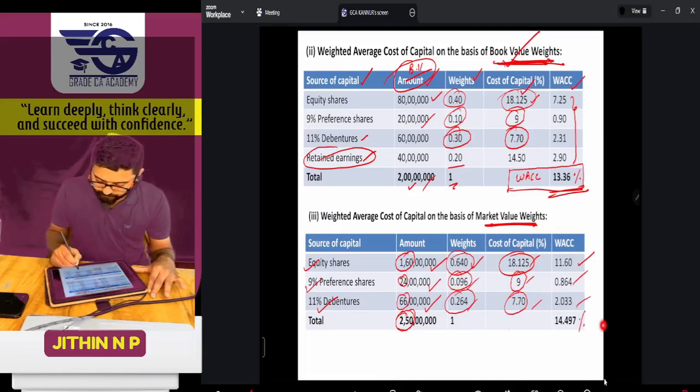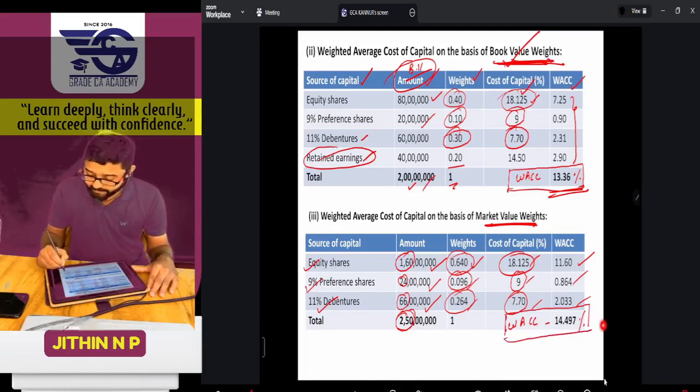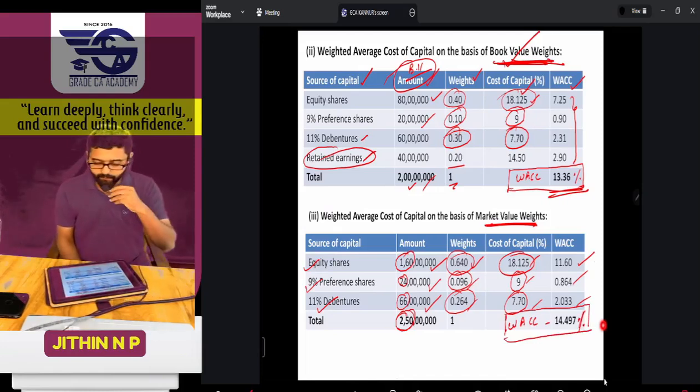Then the weighted average cost of capital is 14.497 percentage. 14.497 percentage is the weighted average cost of capital under market value weights.